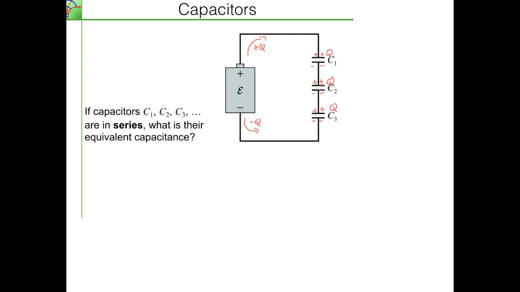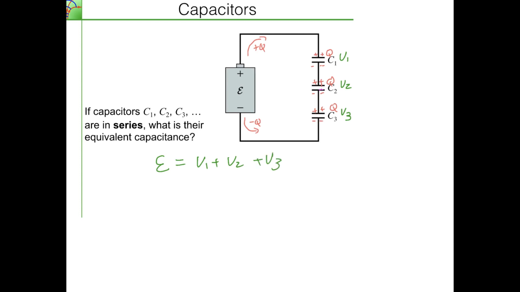But it's going to be a different amount for each capacitor. So the voltage across this one will be one amount, then some more voltage will be across here, and then some more voltage across this one. So we can say that the voltage across the whole battery is going to be equal to the voltage of 1 plus the voltage of 2 plus the voltage of 3.